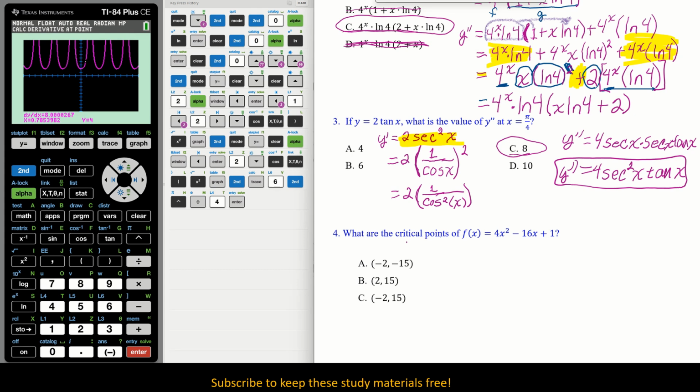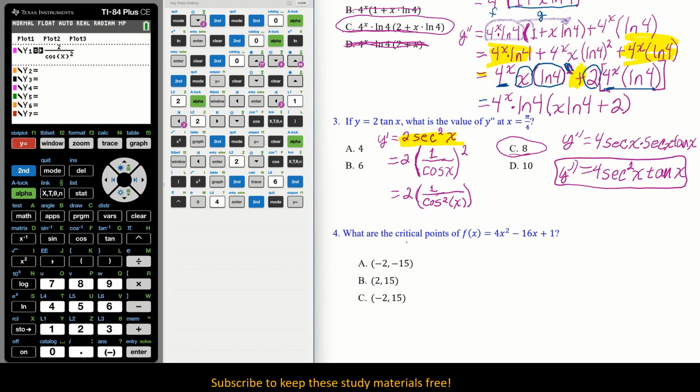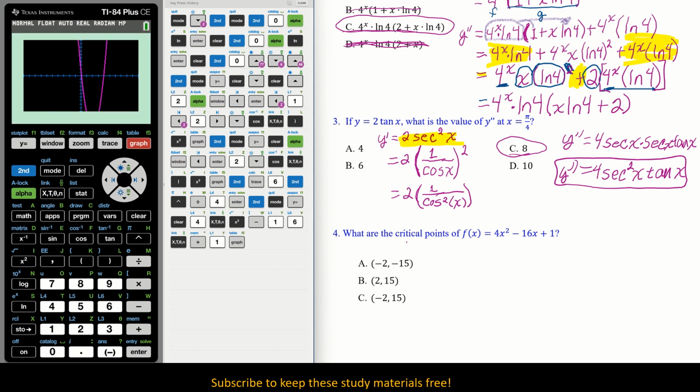There is no need for us to do that, and I'll tell you why. We can just simply put it in the graph. Second mode to back out. Now, f of x, I will clear the first one, and we have 4x squared minus 16x plus 1, and let's look at the graph.